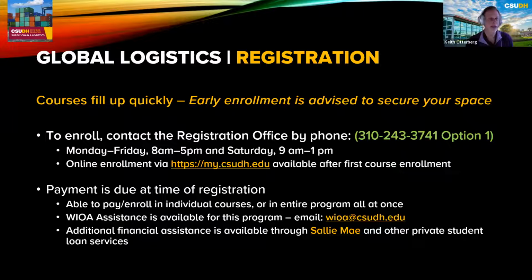We highly recommend that you register at least 1 week in advance to ensure that there's space in the course and to allow enough time for the course information and online access information to be created and sent to you. Payment for these courses is due at the time of registration. You can pay for courses individually or for multiple courses at once.